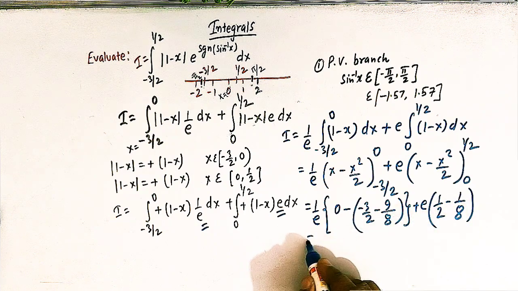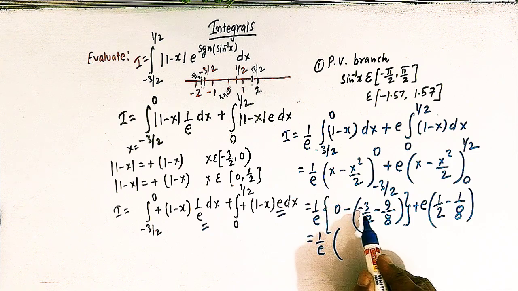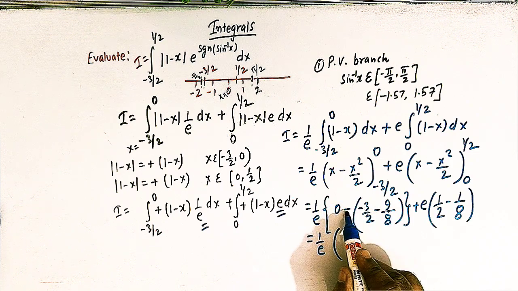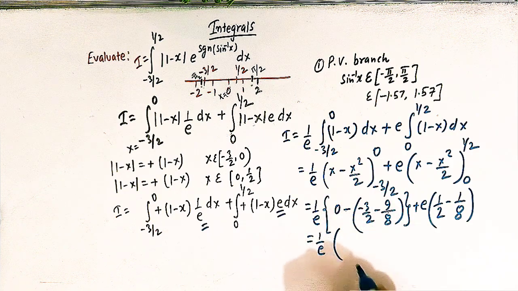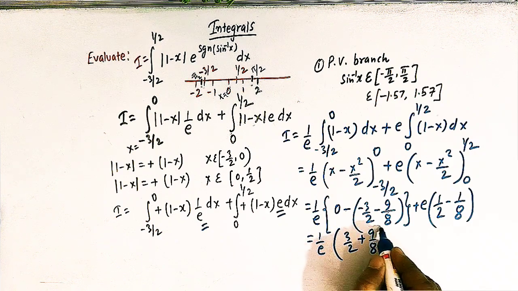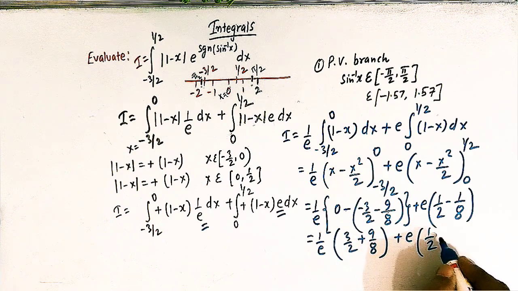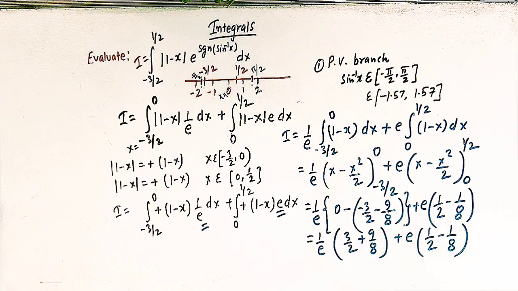Now multiplying by the negative sign, we have 1 over e times 3 by 2 plus 9 by 8, and e times half minus 1 over 8.